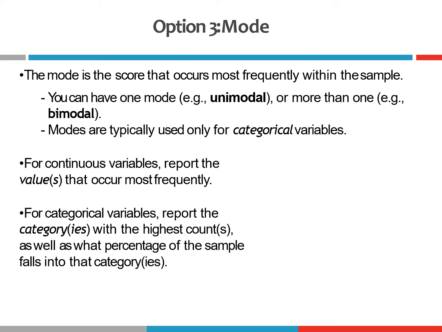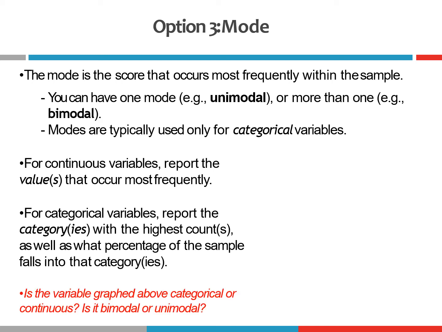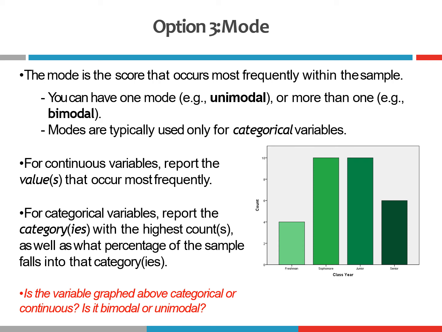That's for continuous variables. Let's say you have a categorical variable though. Let's say this is your distribution. Right away we can see that this distribution is categorical, because there are different levels, and we can tell right away that it's bimodal because there are 2 modes.